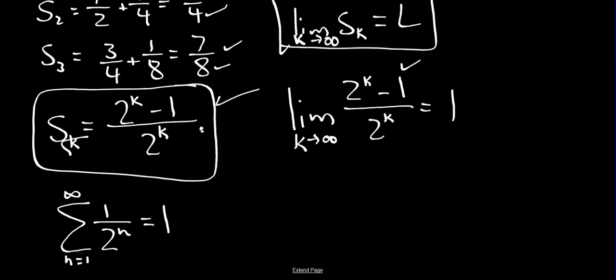Now, that won't always be the case. We won't always be able to find out what a series converges to. So what we're going to focus on for the most part is whether or not the series converges. As to what it converges to, that's not going to be our concern for the most part. We're going to concern ourselves with, does it converge?